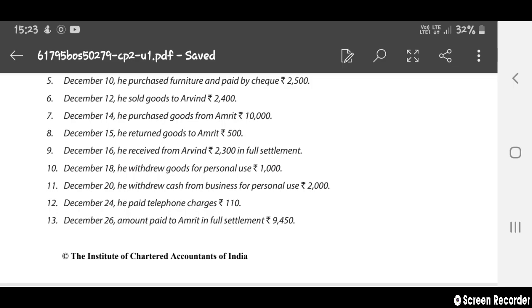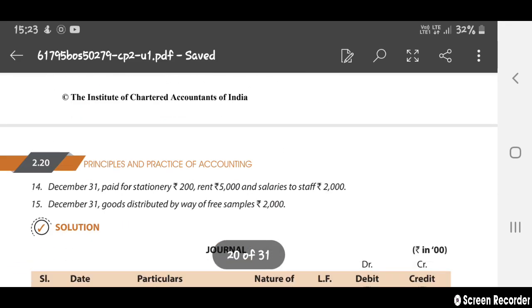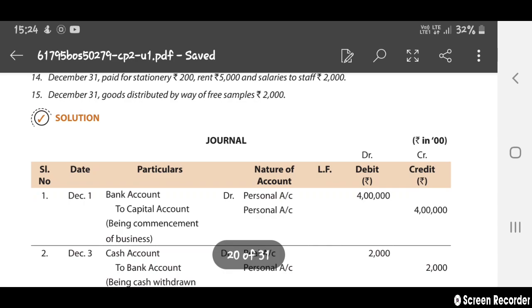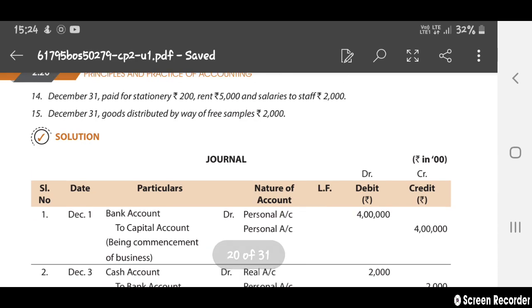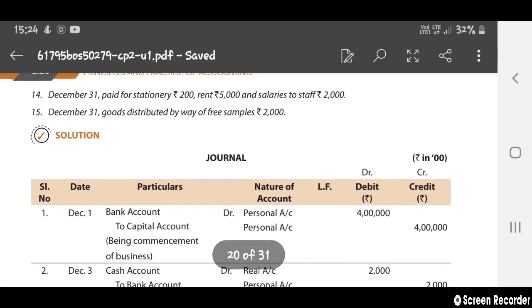On December 26, 9,450 was paid to Amrit in full settlement. On December 31, he paid stationery rupees 200, rent 5,000, and salaries for staff rupees 2,000. Goods distributed as free samples were 2,000.